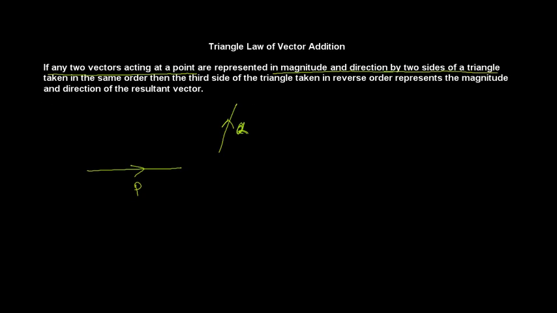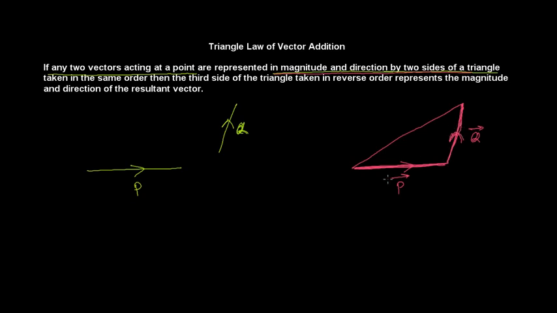Let's say this side represents vector p, both in magnitude as well as in direction. Similarly, this side represents vector q. So the magnitude of vector q is this much and the direction is this one.